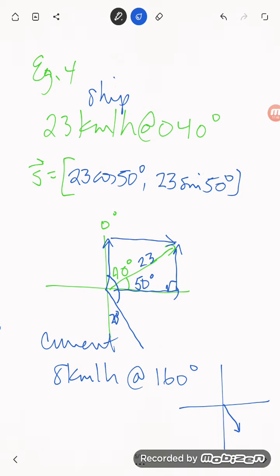So this is my 8 kilometers per hour. My 20 degrees is in here, which means that this would be 70 degrees. So I can use that. Let me just make this a little bit bigger so that it's more clear.